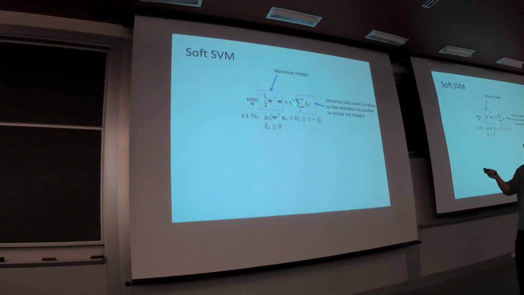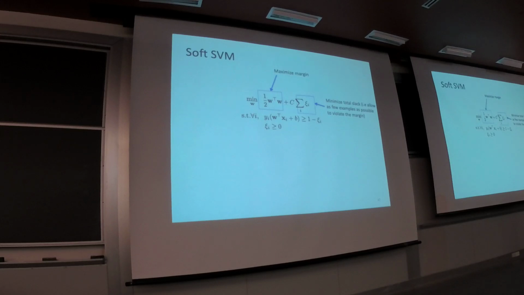The meaning of this summation is to minimize total slack variables so that we allow as few examples as possible to violate the margin. Doing so can help us to prevent large training error, right?